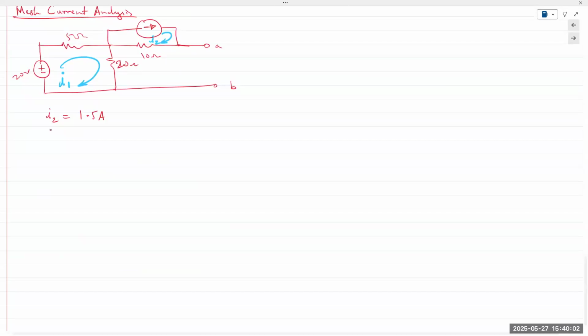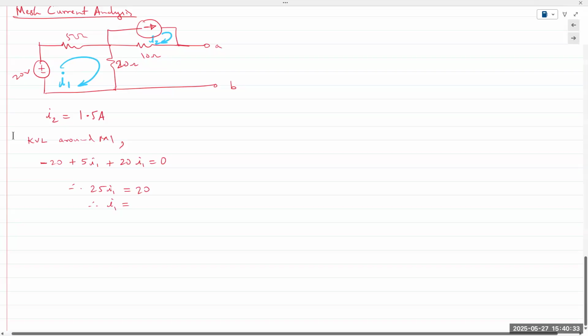Write one equation, KVL around M1, and I get minus 20 plus 5 times I1 plus 20 times I1 is equal to 0. Therefore, 25 I1 is equal to 20. Therefore, I1 is equal to 20 over 25.